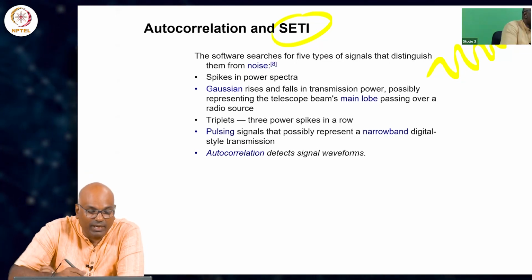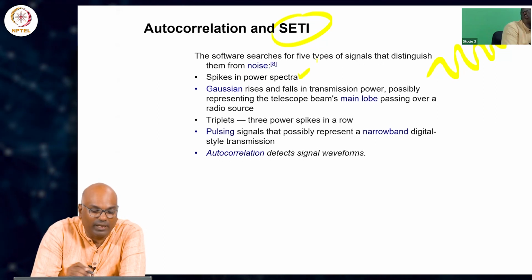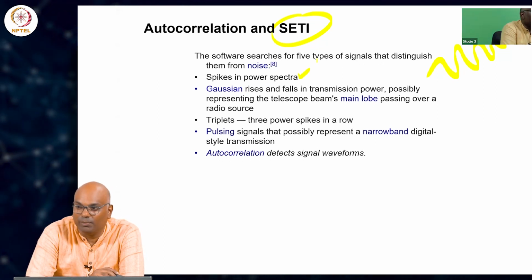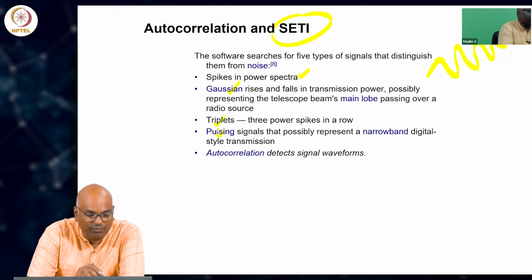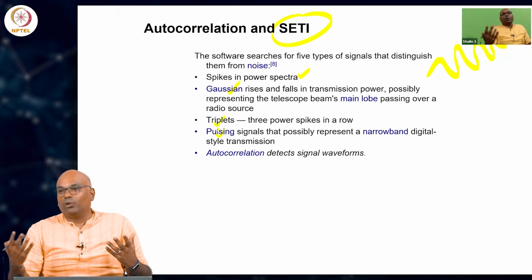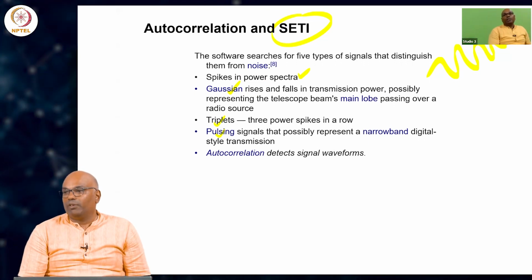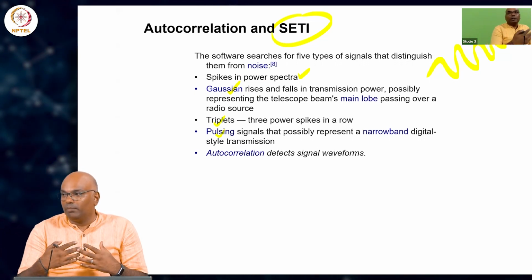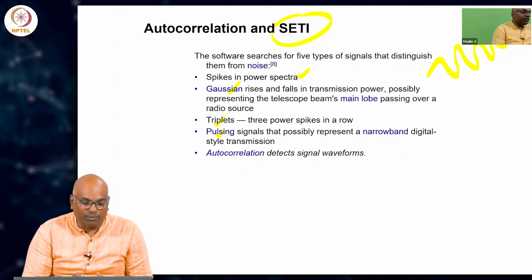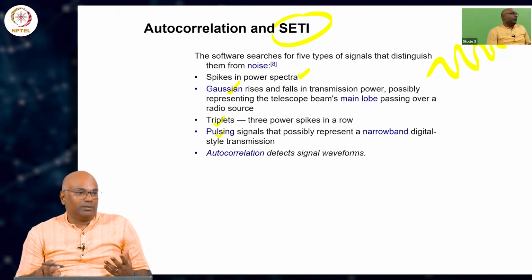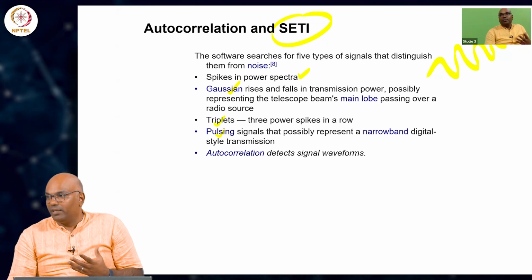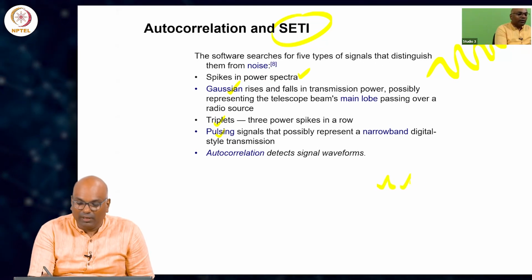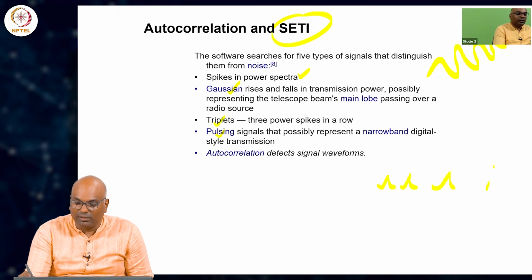So maybe they send out some spikes of signals to communicate. It could be Gaussian, it could be pulsing with some encoded information. After all, optical fiber signals are encoded pulses, information encoded as pulses, but we have no reference to figure out this language except the sequence of pulses itself.